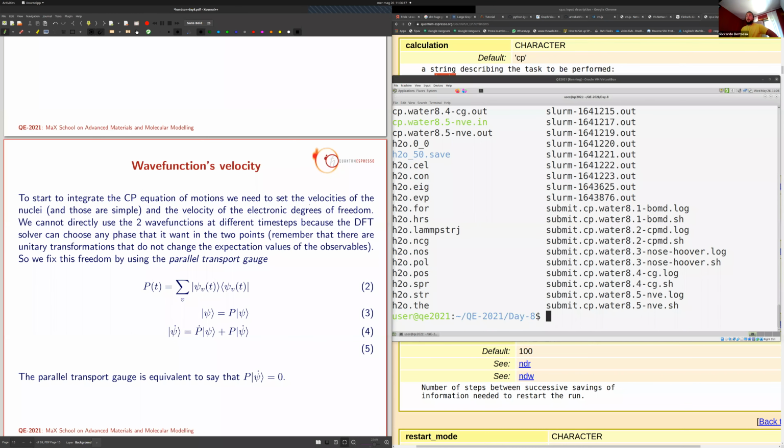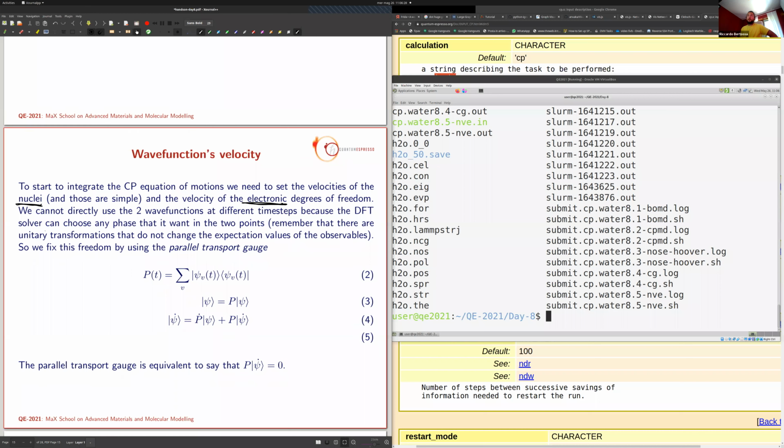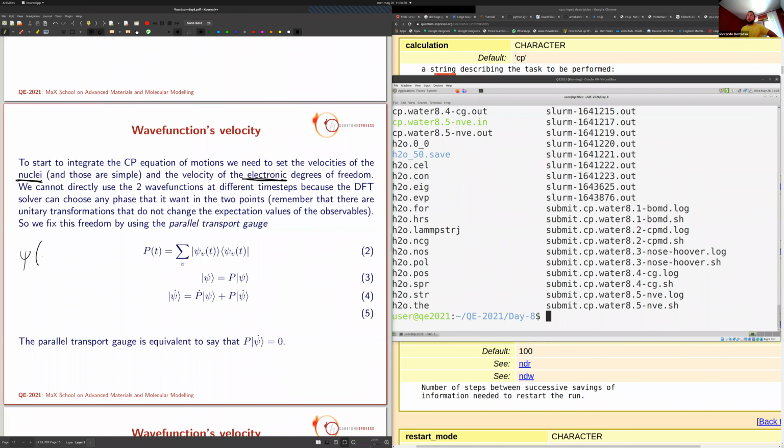For the nuclei, this is simple, but for the electrons, what to do? It is not possible to do this simple finite difference, because this and this can have different gauges.